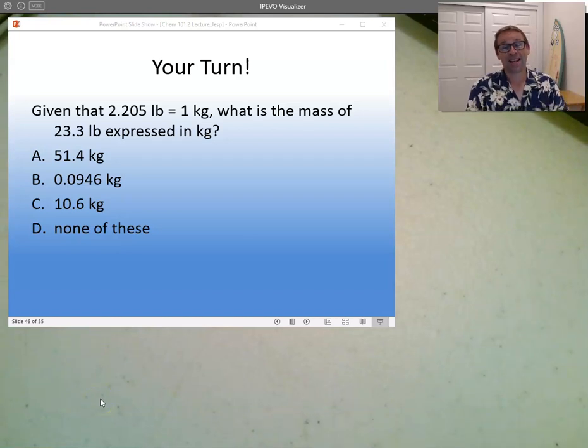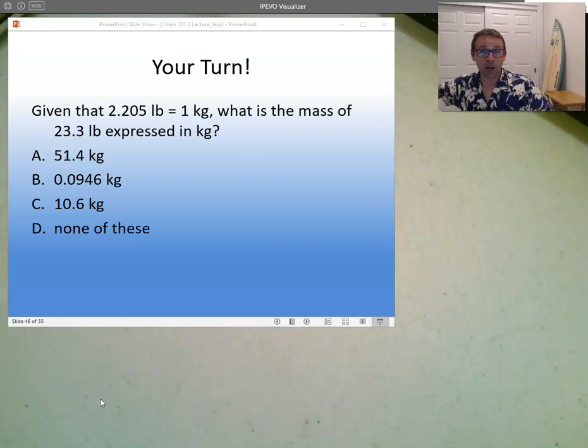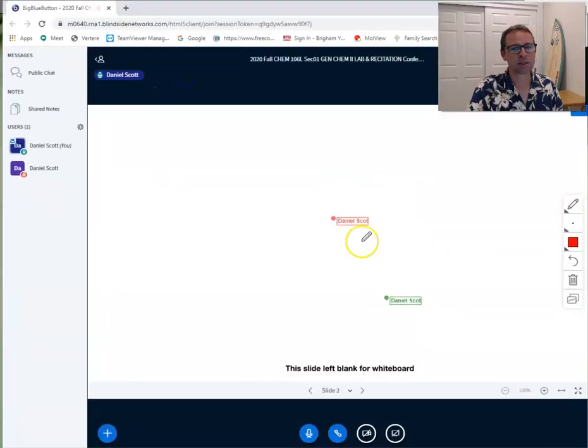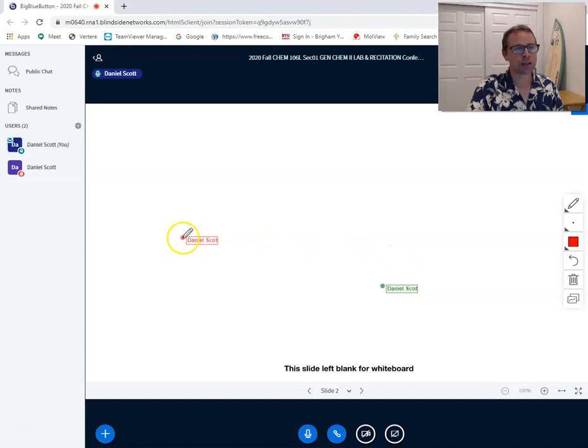All right, last time we did what's called dimensional analysis. Let me show you what that looks like by dragging this chart over here for a second.